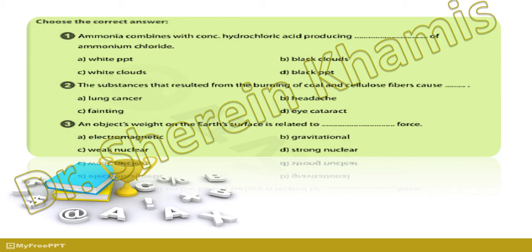As we have a glass rod wetted with ammonia, we have white fumes formed of ammonium chloride, and its symbol is NH4Cl. Okay, so the right answer will be white cloud of ammonium chloride.